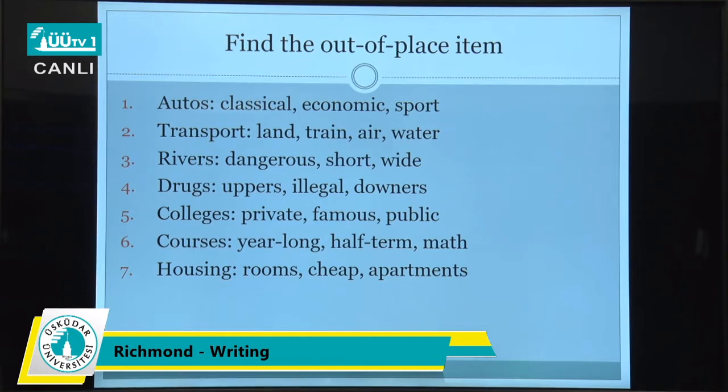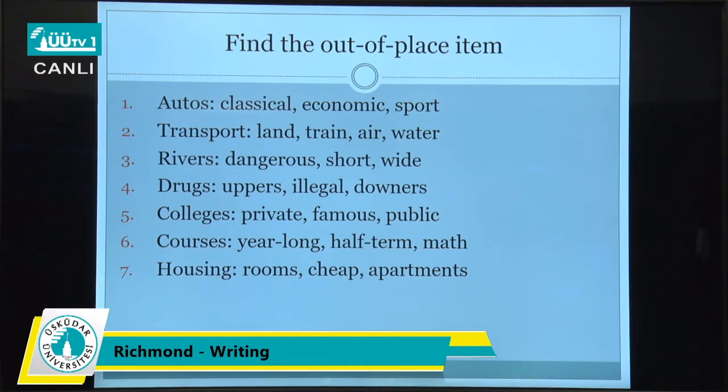So here the out of place item is economic car. In the second, transport, we have land, train, air, and water. The out of place item is train. For the rivers, we have dangerous, short, and wide. The out of place item is dangerous.